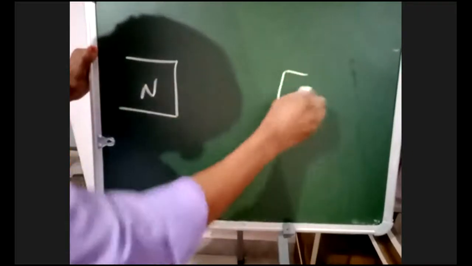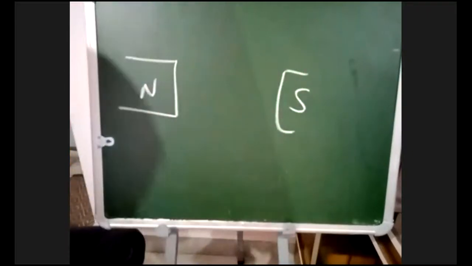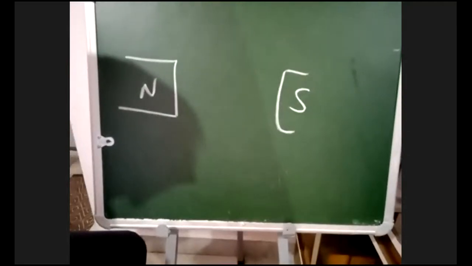See here. I have a north pole and a south pole. Now how will the flux move, from north pole to south pole or south pole to north pole? North to south.